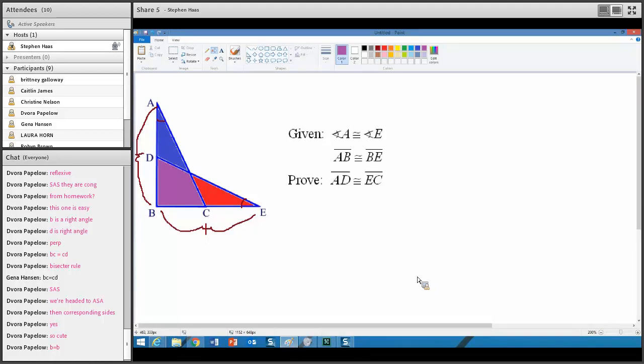But let's see. Once we get those two triangles, how is that going to help us get AD, which is this segment, and EC, which is this segment?